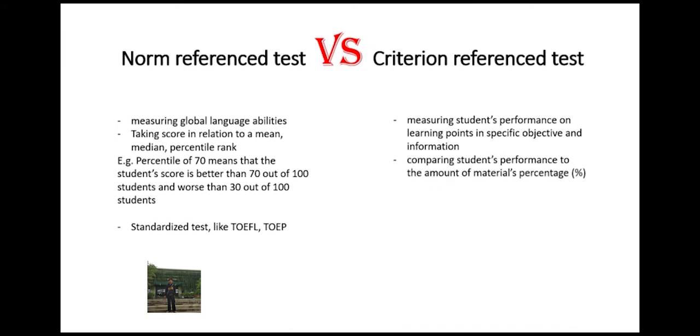CRT is comparing students' performance to the percentage of the material, not with other people. For example, in a specific topic test, a student got a score of 85%. It means that he knows 85% of the material. If the other student got 100%, it means that the student understands all of the topic that is being tested.